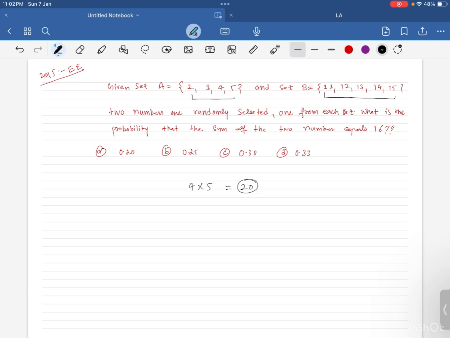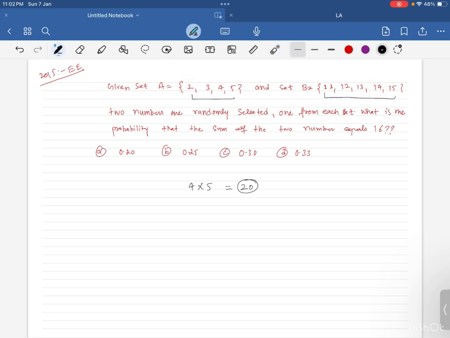So this many possible sums we can form, out of which the sums that give you 16 would be your favorable cases.